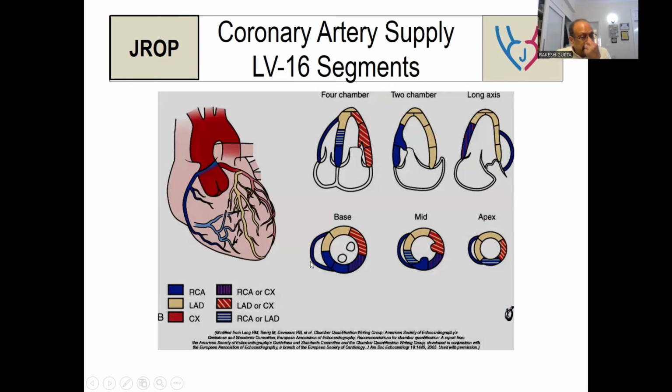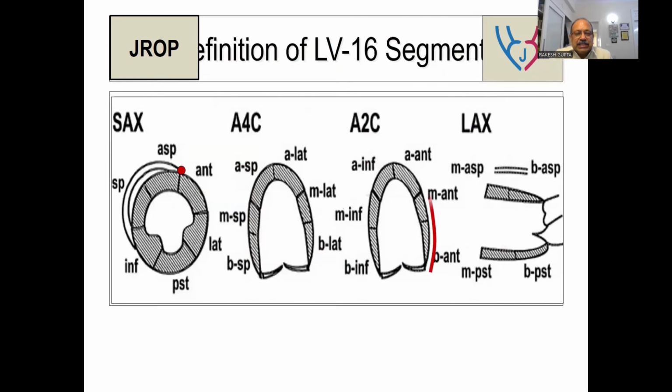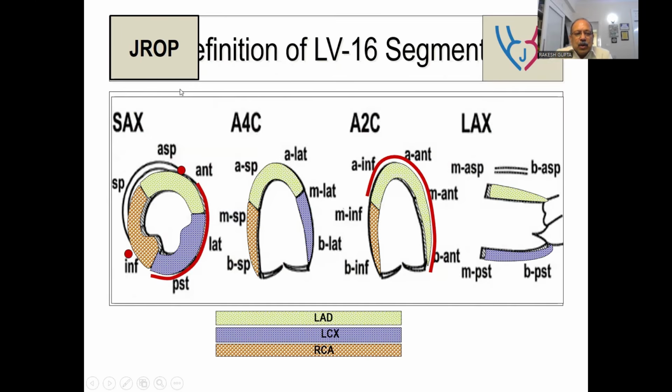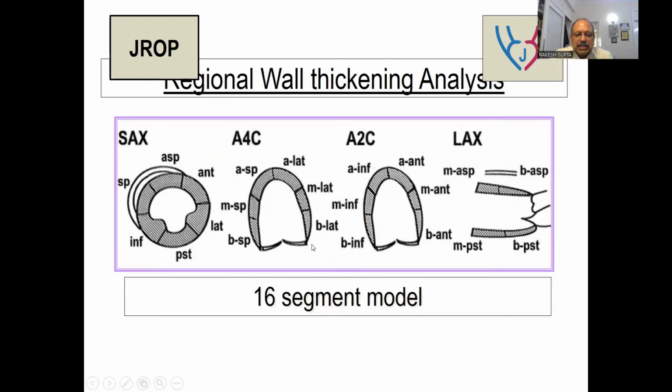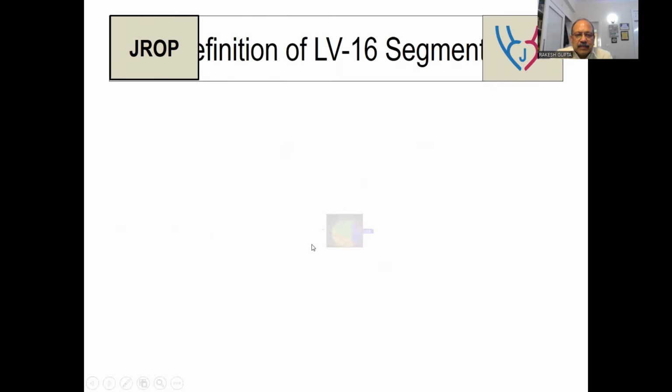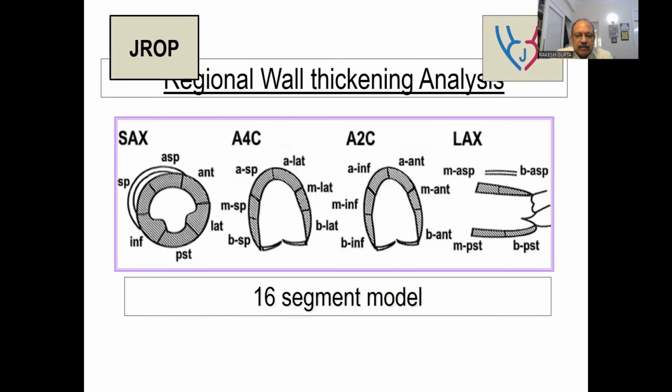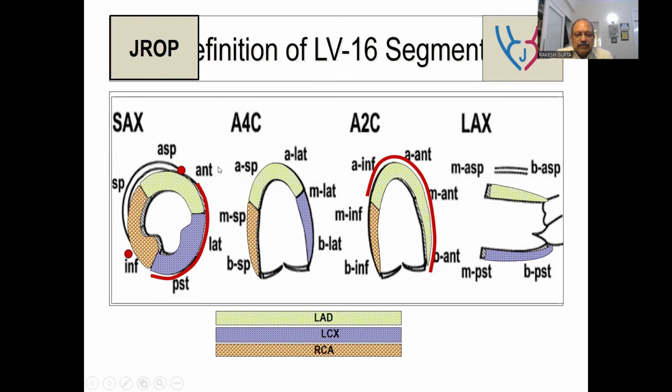Now comes coronary artery blood supply. We have seen this a number of times. We are going to repeat it again and again. Now if you look at the 4-chamber, 2-chamber, and 3-chamber views: mid basal septum and mid basal inferior wall, RCA.